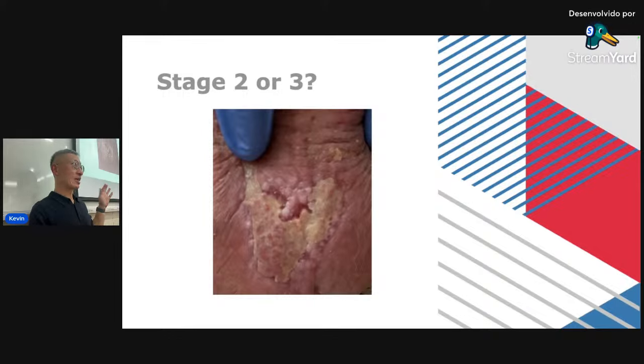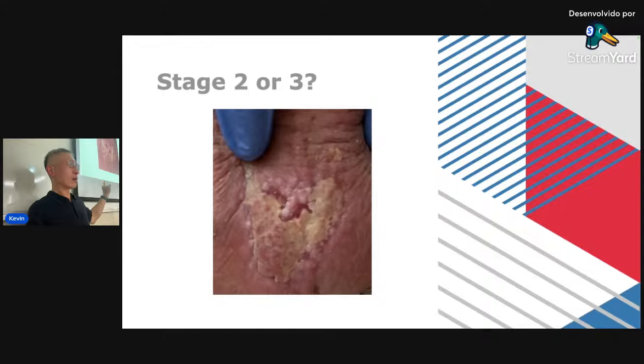Because the tissue that is there, if you remove it, you will find it's deeper there. Interesting comment. A lot of people would think this may be a stage 3.